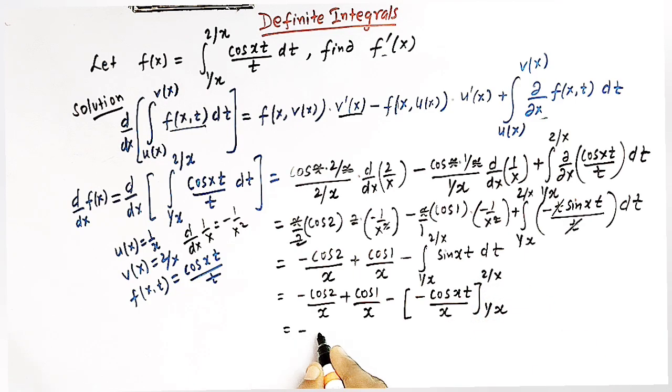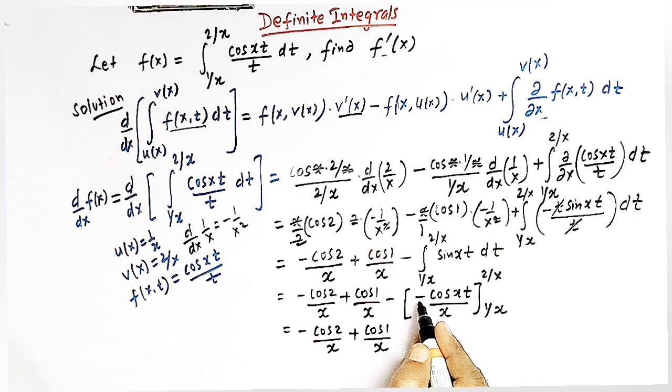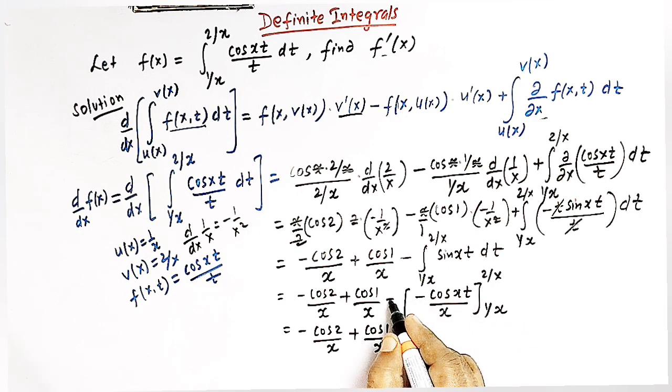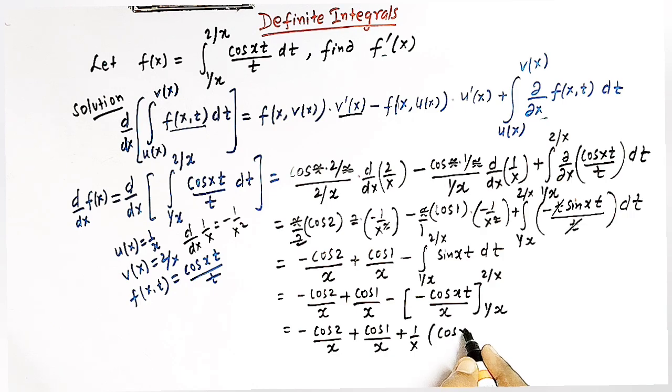So now we can write minus cos of 2 over x, and here we have cos of 1 over x. This negative and this negative get cancelled, that is when we multiply these two negatives we get positive, and we have 1 over x, and then we have cos of xt, and limits of integration are from 1 over x to 2 over x.